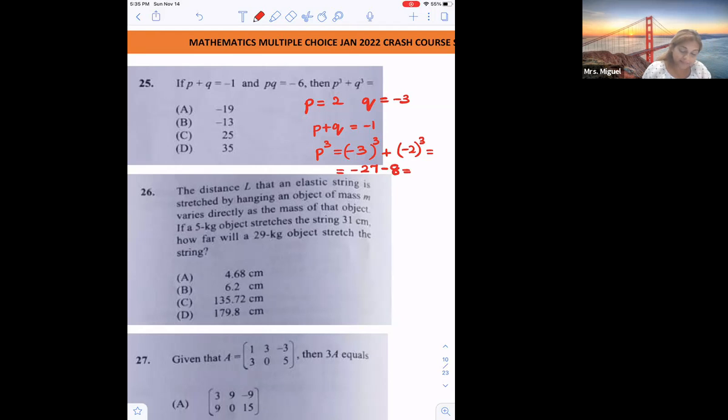So the answer is -27 plus 8, which is -19. Just now, P plus Q, -3 plus 2 is -1. We want p cube plus q cube. So -19.